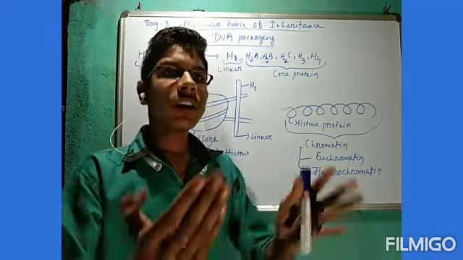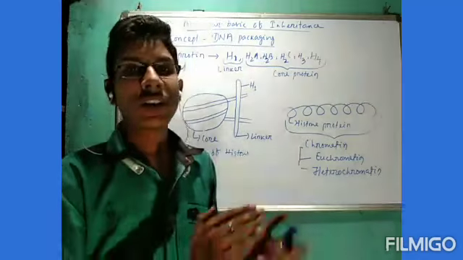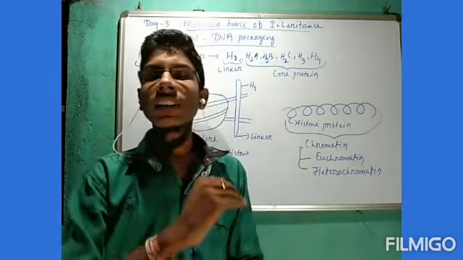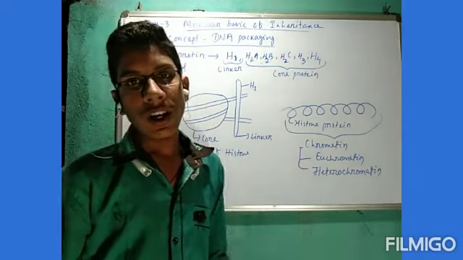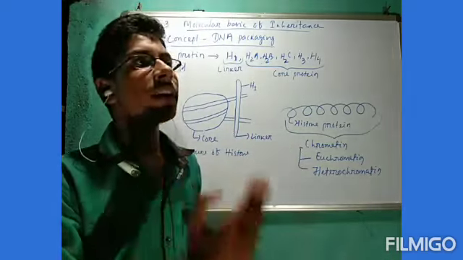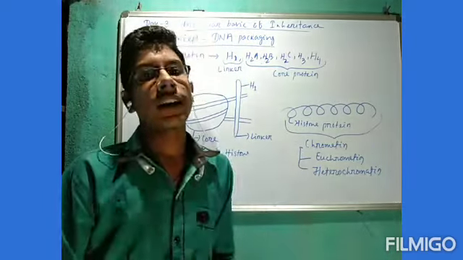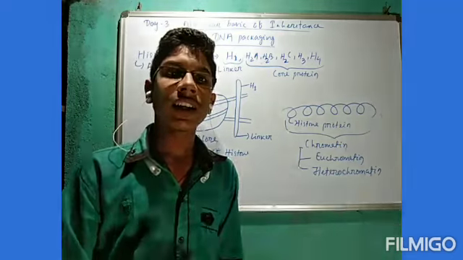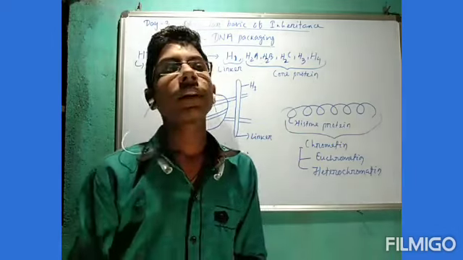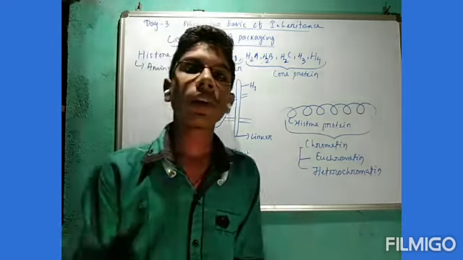We know that two types of cell are present in our world: one is the prokaryotic cell and the other is the eukaryotic cell. The prokaryotic cell is a primitive type of cell, so we always consider the eukaryotic cell, because it has all the organelles, that is mitochondria, ribosome, endoplasmic reticulum, microtubules.